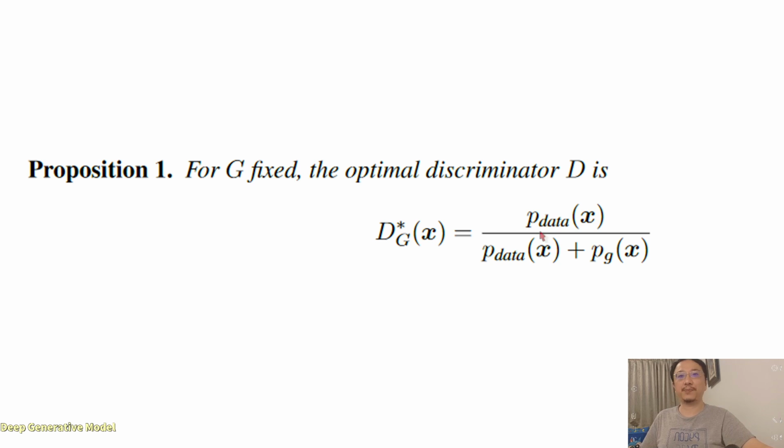Let's call it P data. So the optimal result of the discriminator should output something like this. This one may seem strange. Why do we even need that? But just simply consider, suppose you are the discriminator, you are the human discriminator.